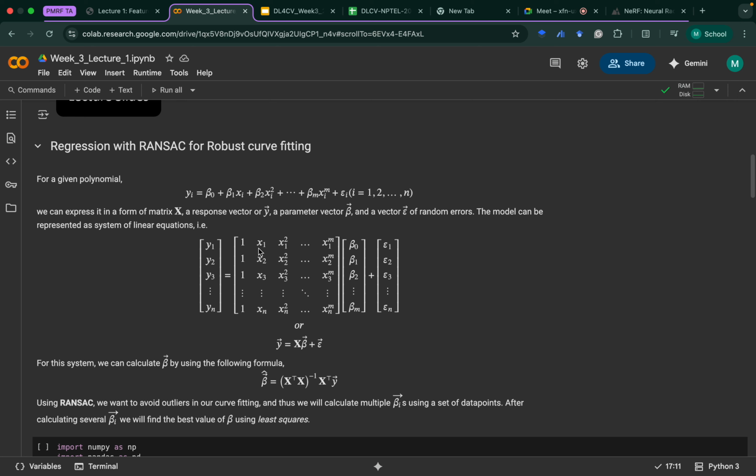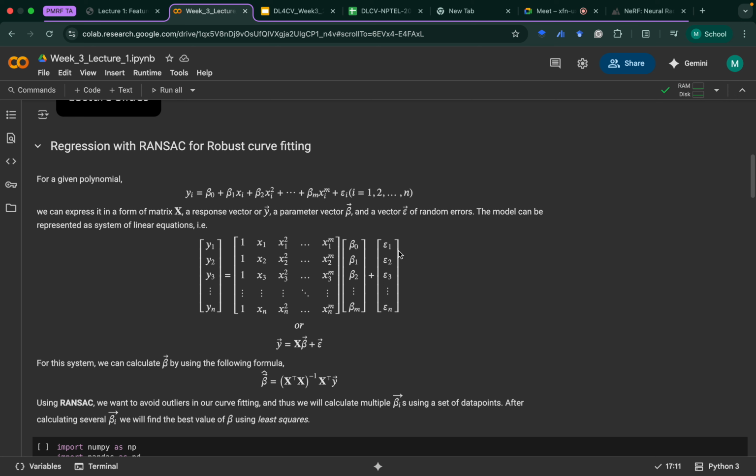Because I want to fit a polynomial, this is how my system of equations would be. What am I doing? I am just substituting x1 y1 in this polynomial equation and writing them in matrix form. So y would be some linear combination: b0 plus b1 x1 plus b2 x1 square and so on, and this is the error term.